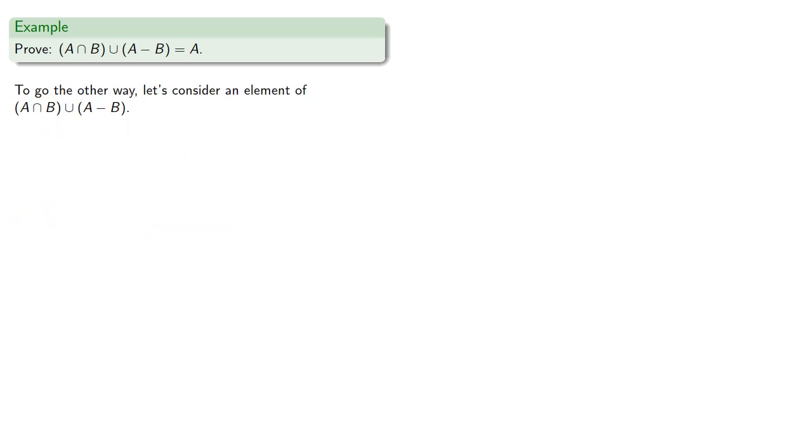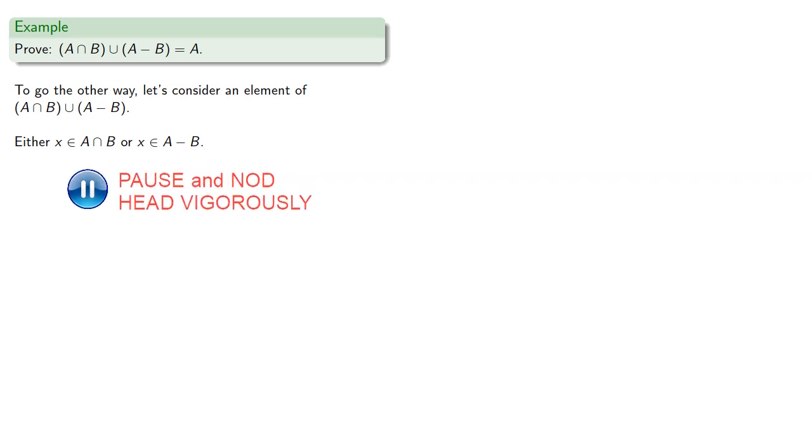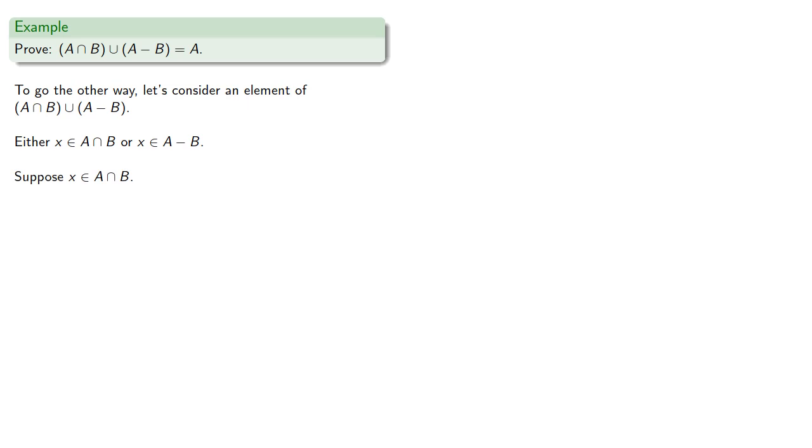Now we do need to go the other way, so let's consider an element of the union. And so either X is in the intersection, or it's in the set difference. Suppose it's in the intersection. Then, because it's in the intersection, it has to be in both sets, so it has to be in A. On the other hand, suppose it's in the set difference.